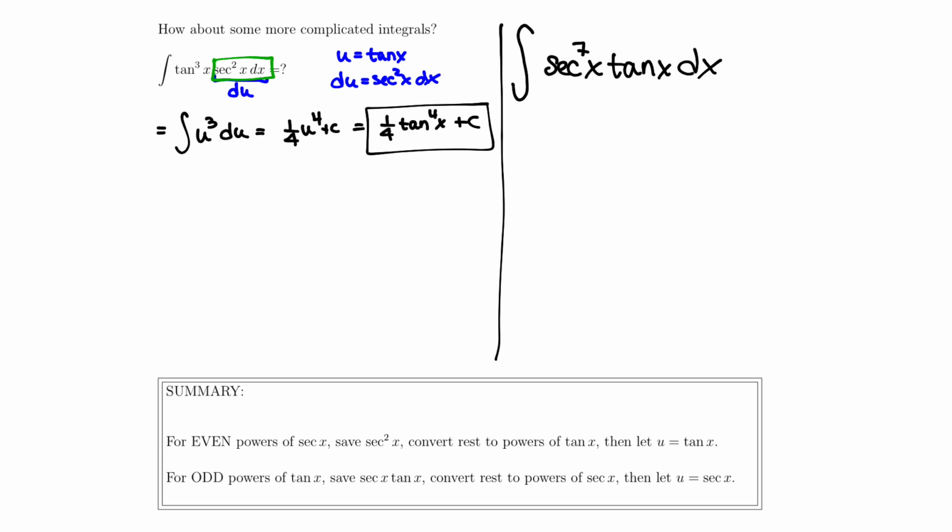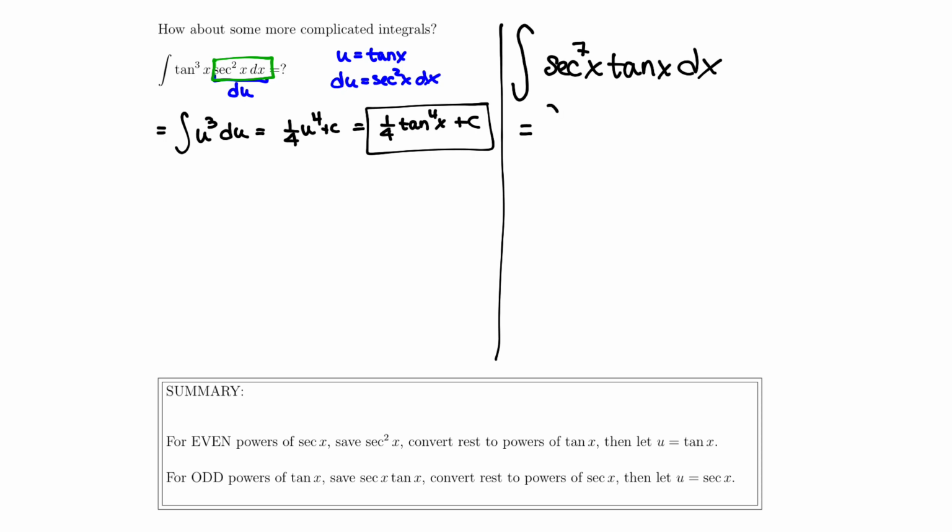So what might we look at to pull out this time instead of secant squared? Megan, what might we do this time to pull out instead of secant squared? What might we pull out? Maybe we can pull out a secant tangent. Let's pull the opposite out.